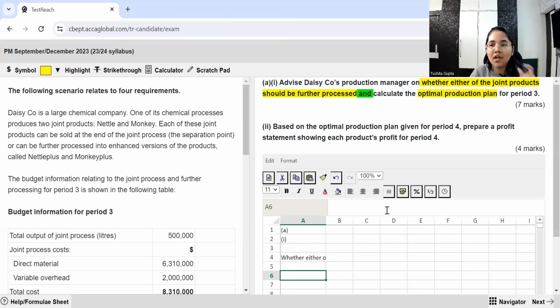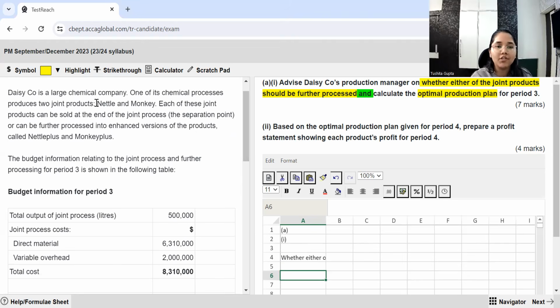And when I say extra profit, a word should immediately come to your mind, which is incremental. So we will have a look at the incremental revenues that we are going to be making, also comparing it with the incremental costs that we are incurring, so that we know if in incremental do we have any profit or do we have any loss, and accordingly we will decide whether or not we want to process these products further. So let's read the scenario now.